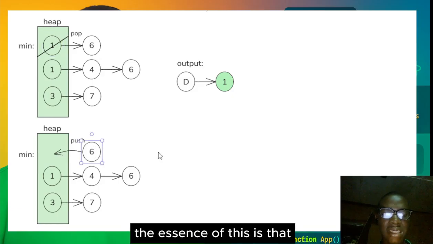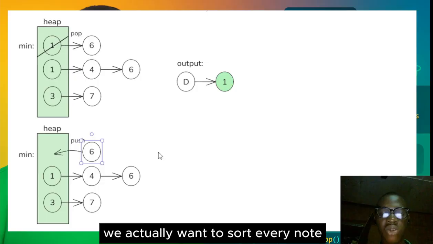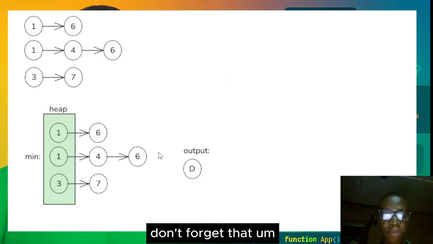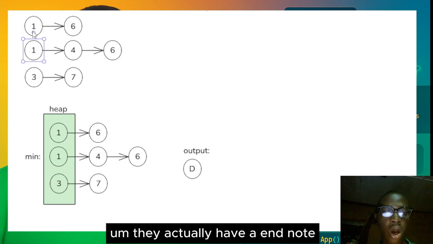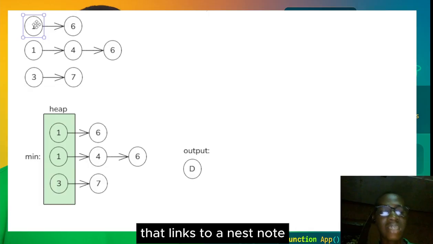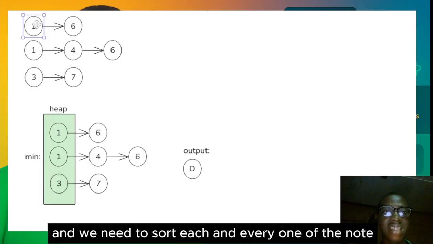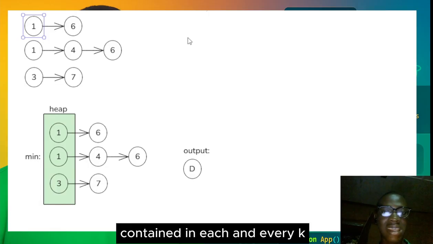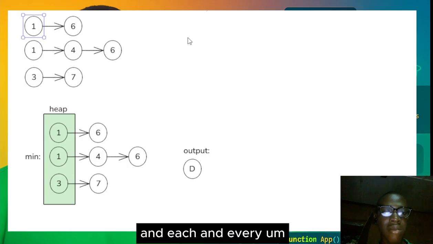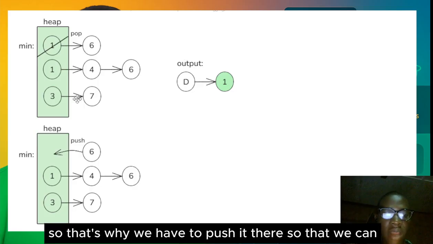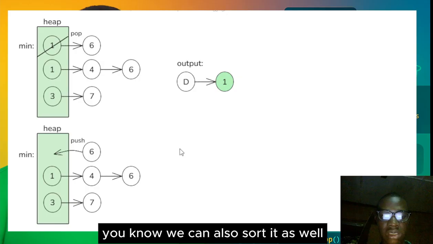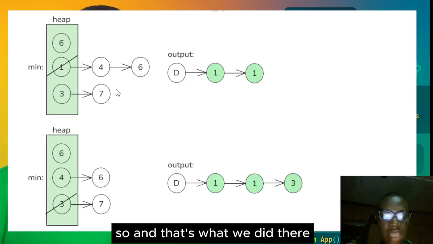The essence of doing this is that we actually want to sort every node. Each of these k linked lists has a head node that links to a next node that links to a next node, and we need to sort each and every node contained in each of the k linked lists. So that's why we push it there, so that we can sort it as well.